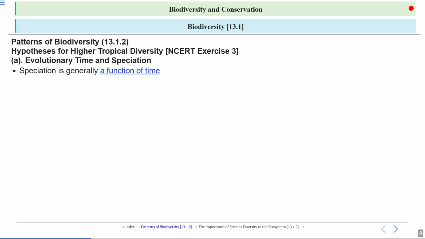Now, speciation is generally a function of time. This means the longer a group of organisms has to evolve without major interruptions, the more likely it is that new species will appear.